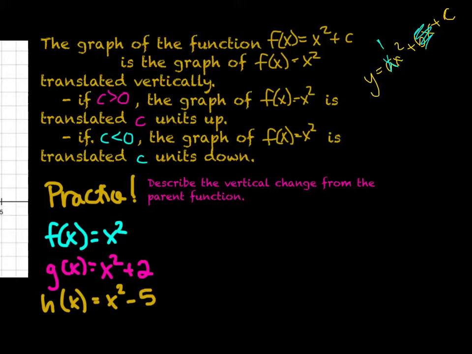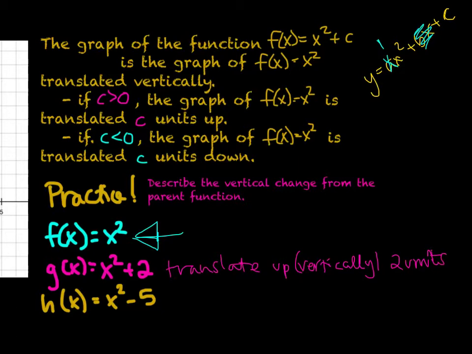So let's describe the vertical change from the parent function. Our parent function is always f of x equals x squared. Let's see how we can compare these. If we look at g of x equals x squared plus 2, it is translated up vertically 2 units.